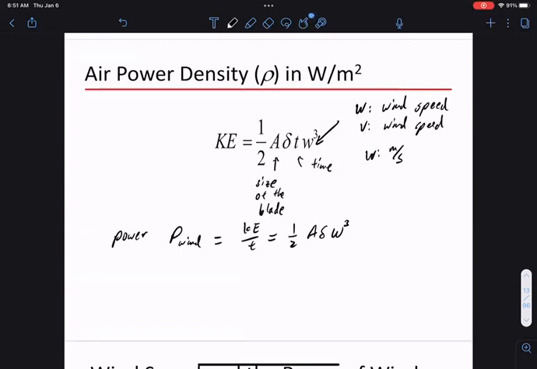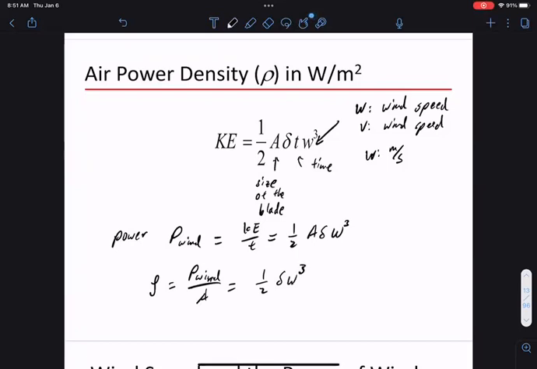So power, we get 1/2 A delta W cubed, speed cubed. And then the density is just power divided by area. So this is 1/2 delta W cubed, speed cubed.